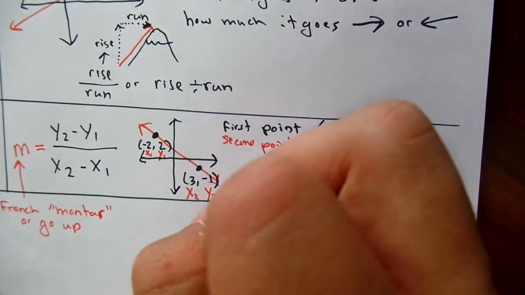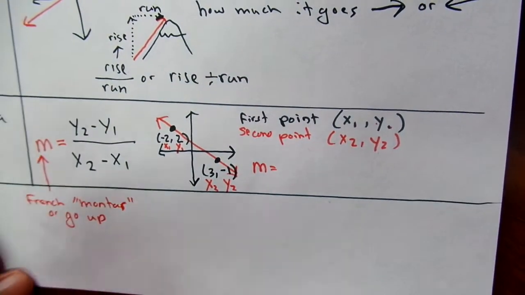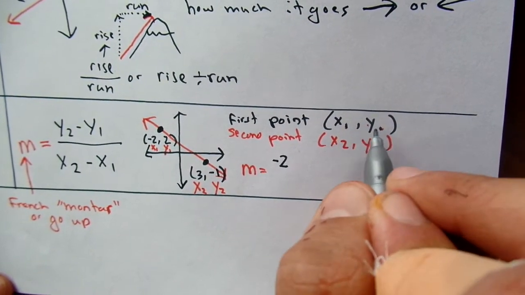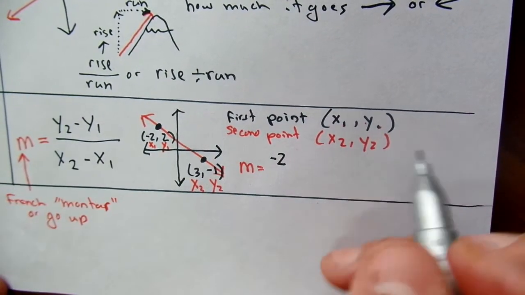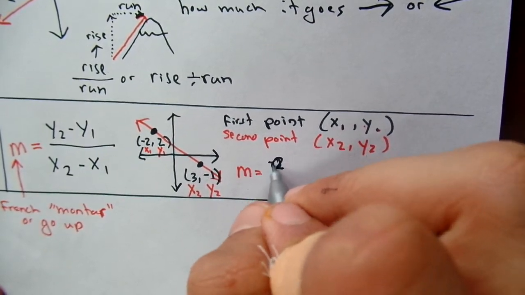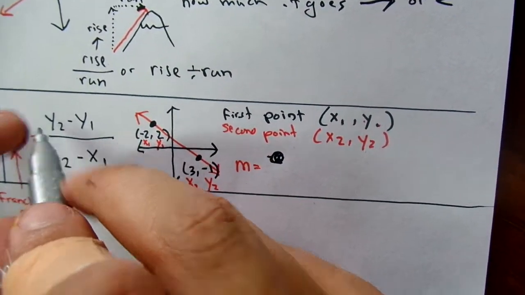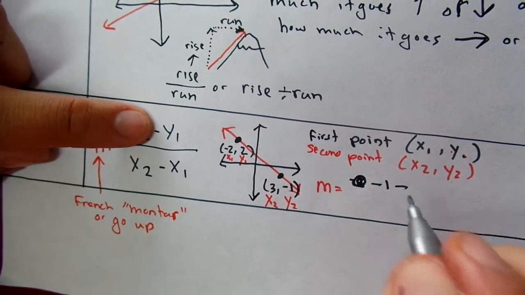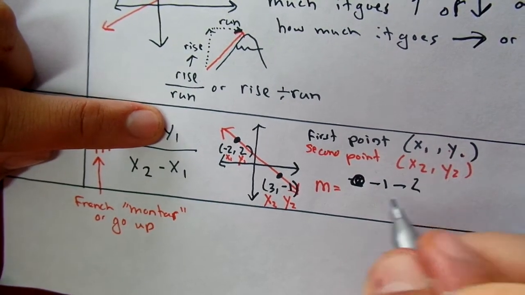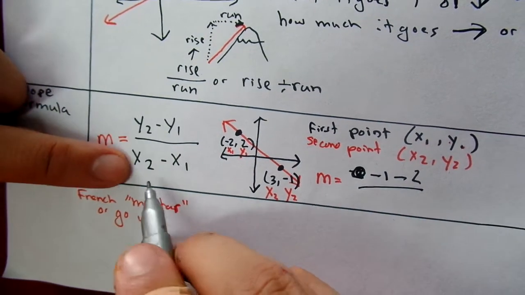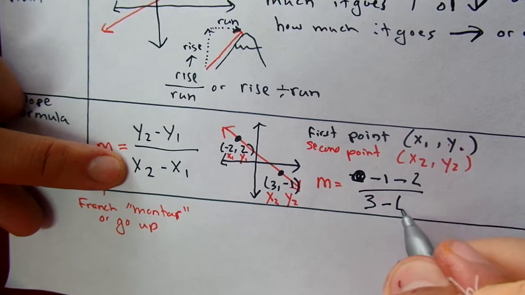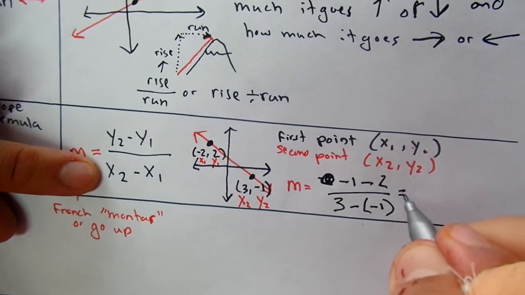So let's actually solve this. M equals... hold on. Oh, sorry. Y2. Oh, wow. Sorry. So the formula is y2. So that's negative 1 minus y1, which is 2, divided by x2, which is 3, minus x1, which is negative 1.